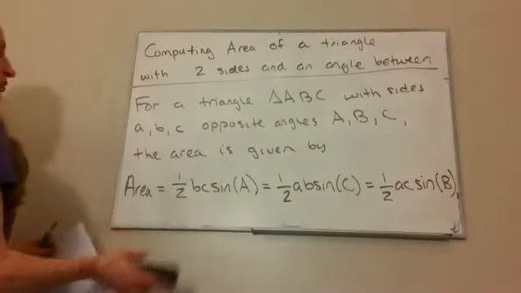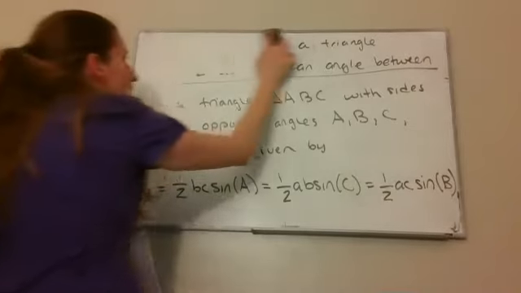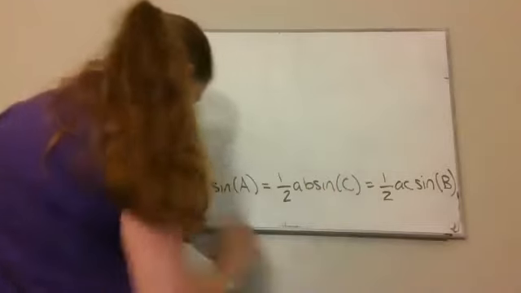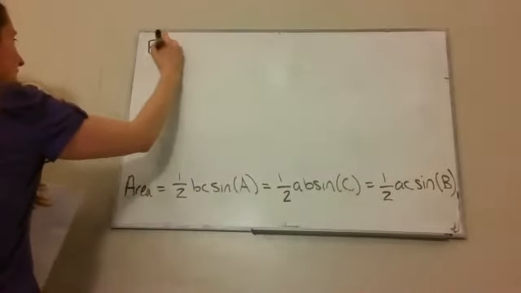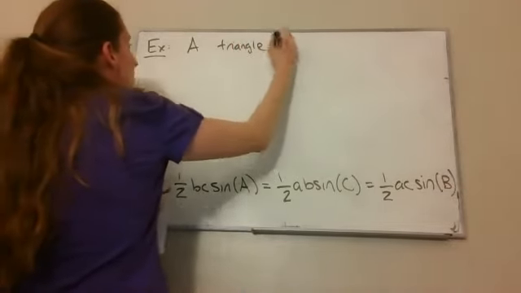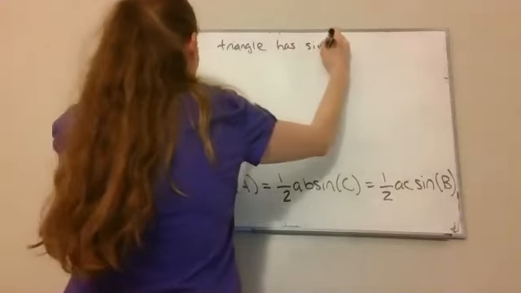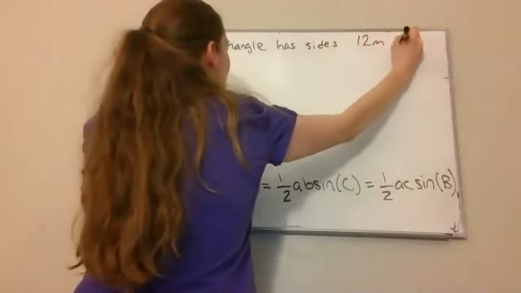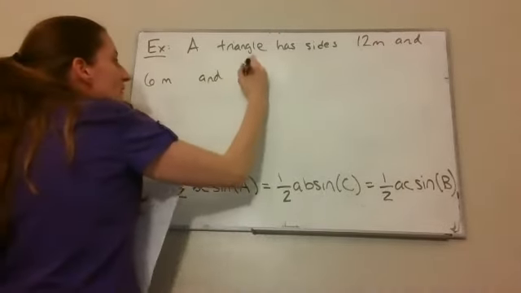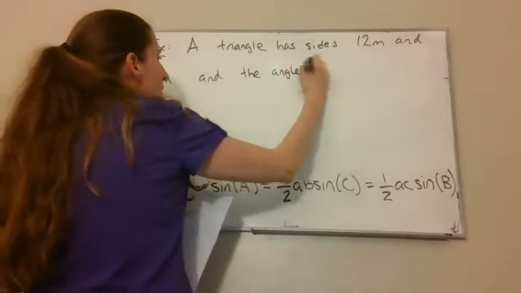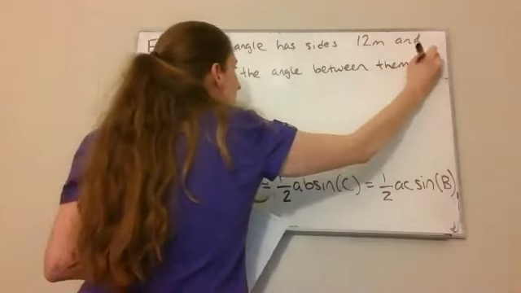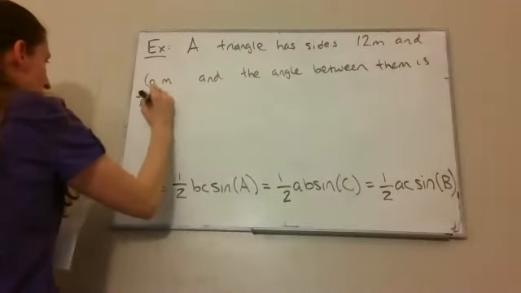So let's do an example utilizing this area formula. A triangle has sides 12 meters and 6 meters, and the angle between them is 76 degrees.